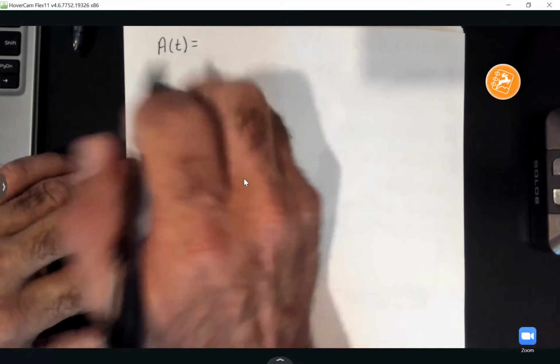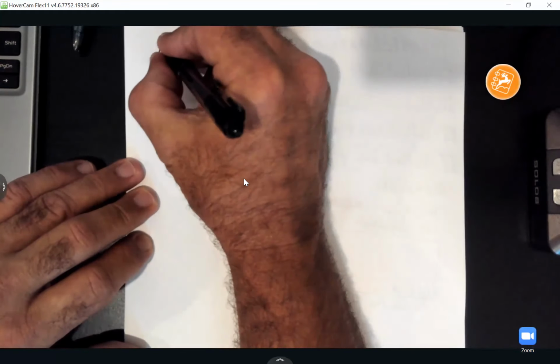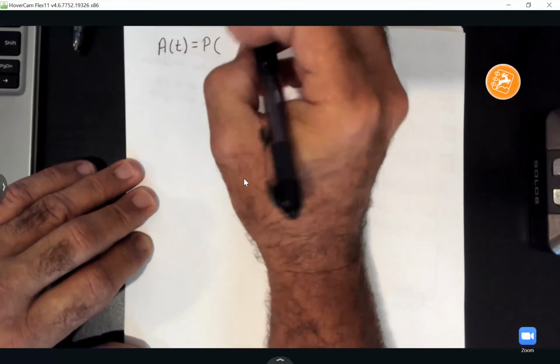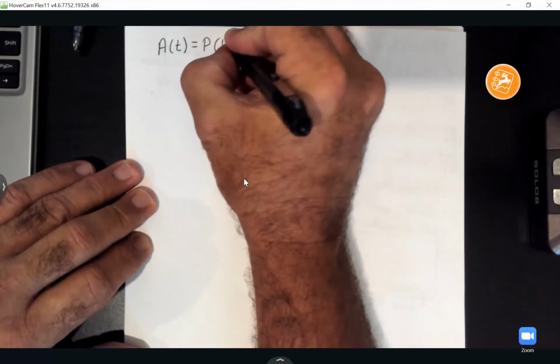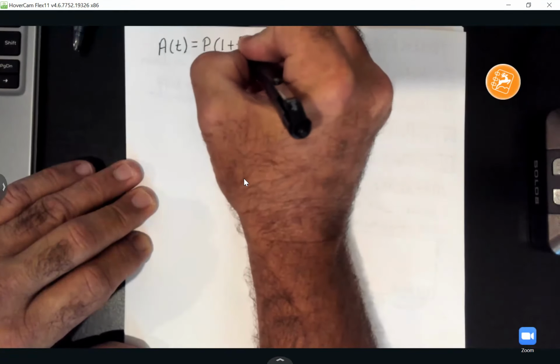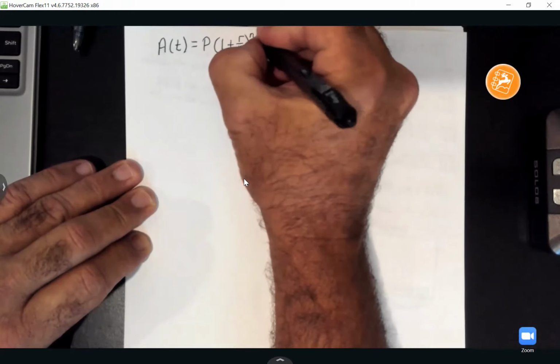So let me write the formula and then we'll go through all the pieces on this. So the formula A of t equals P times (1 plus r/n) all raised to the n times t.